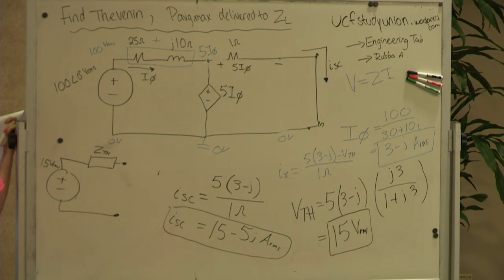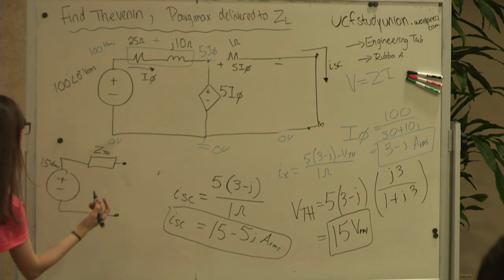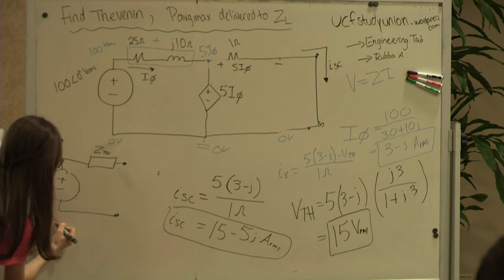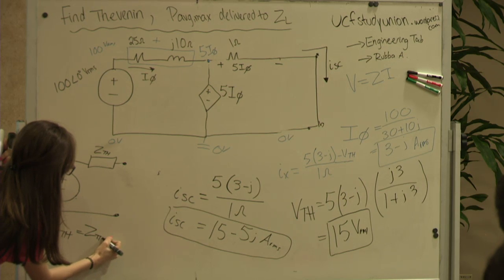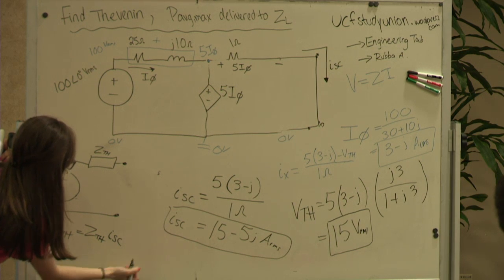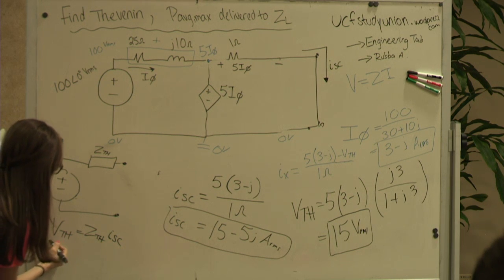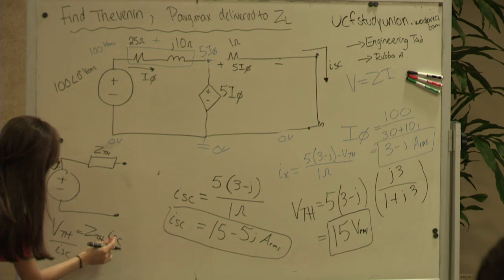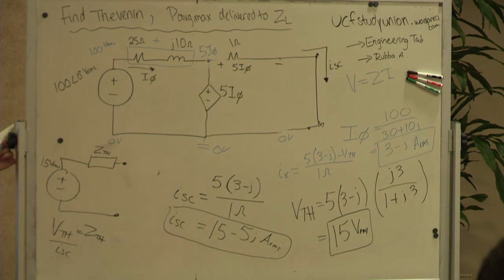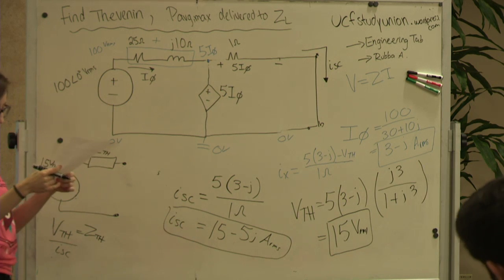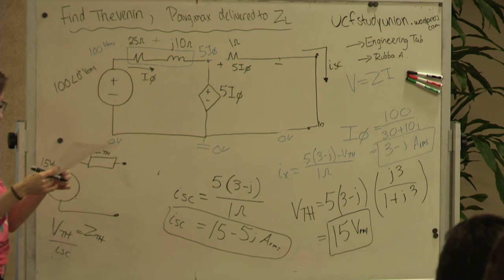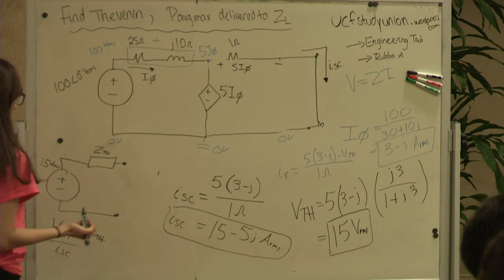So how do we get Z Thevenin? Ohm's law. Recall V Thevenin equals Z Thevenin times ISC. And we have ISC, so V Thevenin divided by ISC gives me that. So 15 divided by 15 minus 5J will end up giving us, where do I write this?